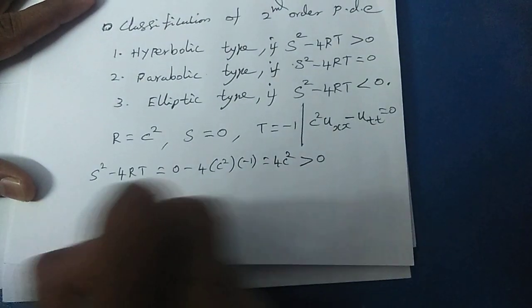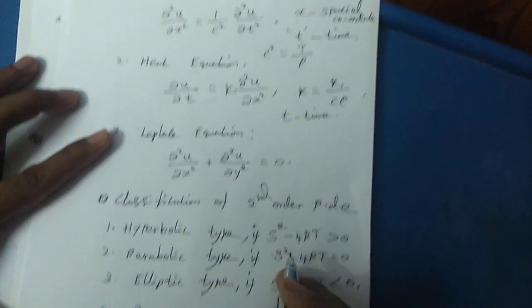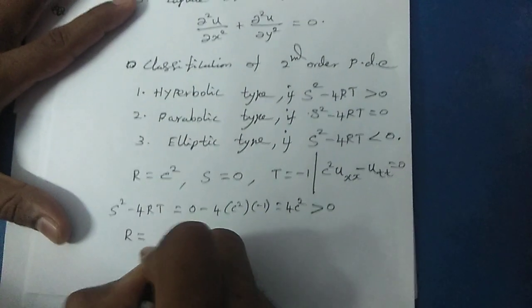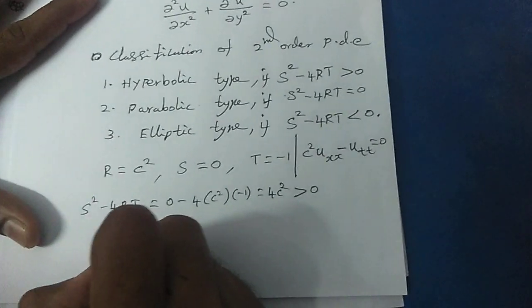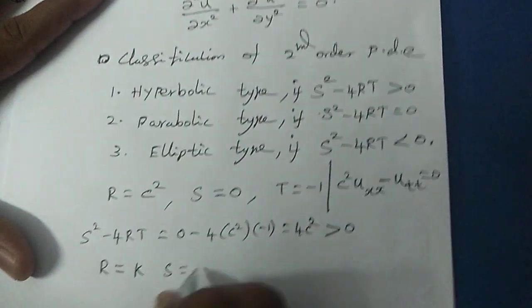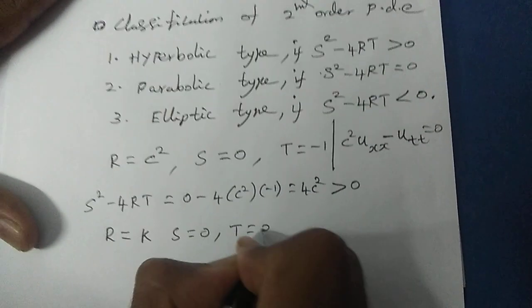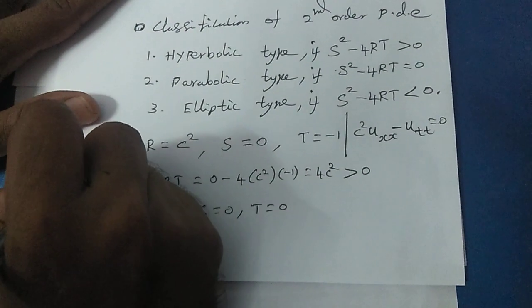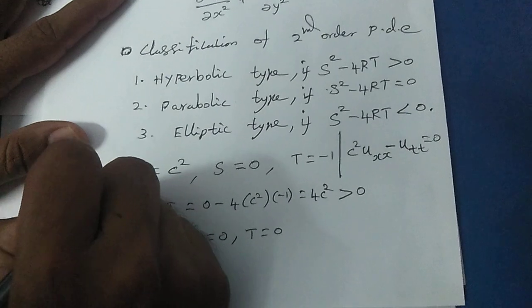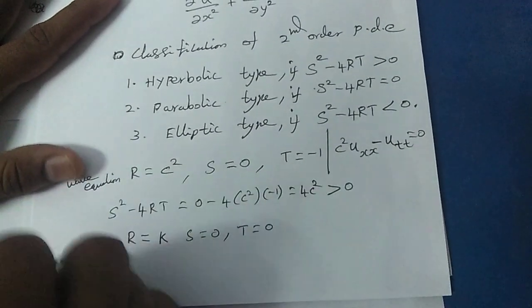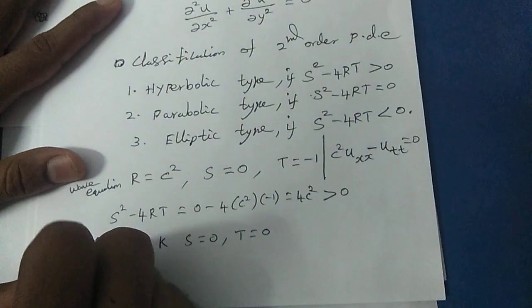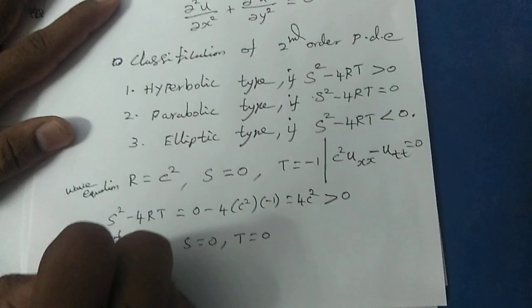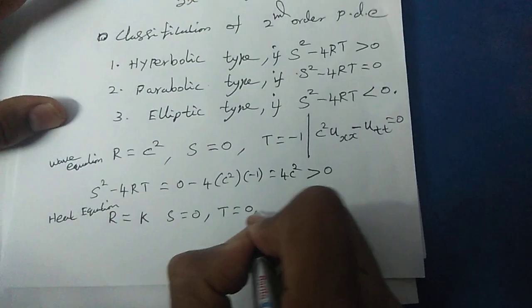So what is the heat equation? This is the heat equation. Similarly, R is equal to k, and S and T are both 0. So for the heat equation, RT equals 0, right?